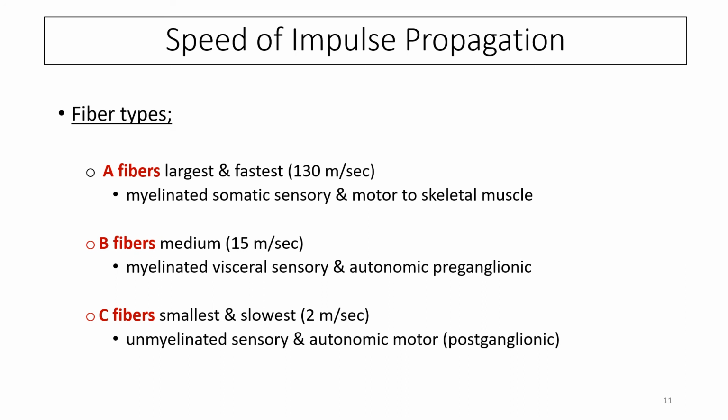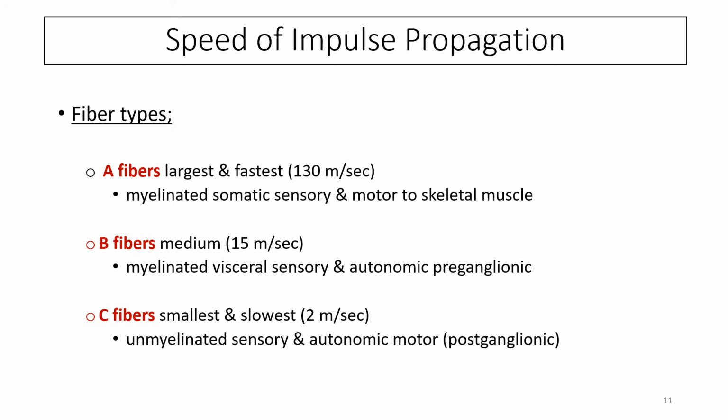At this point, just know C fibers are the smallest diameter, they're unmyelinated, they're the slowest, and they're also associated with slow pain. A fibers are largest diameter, they're myelinated, they're the fastest, and they're, among other things, associated with fast pain, as well as being motor to skeletal muscle, and also the sensory afferent neurons carrying body sensation.